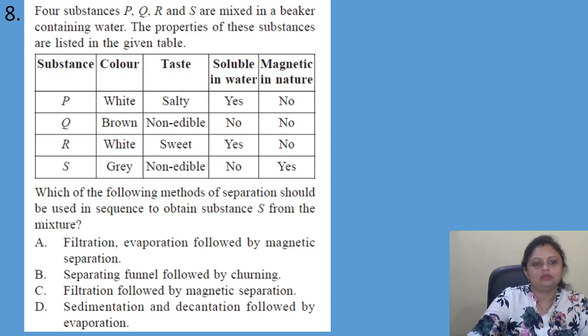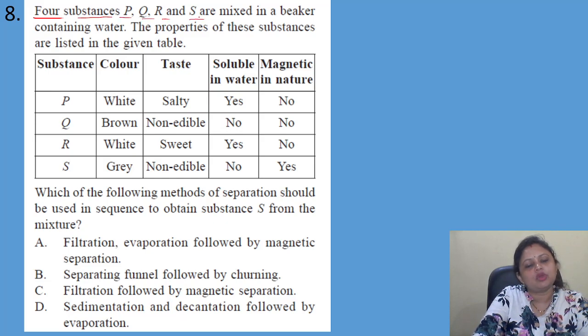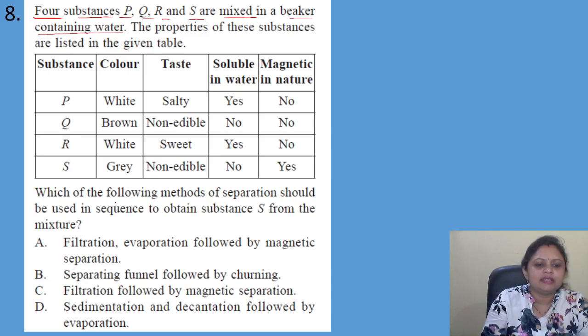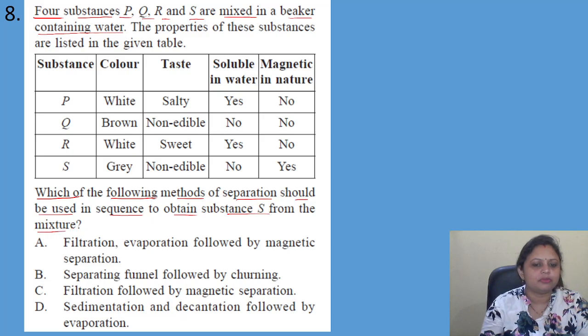So here 4 substances are there, P, Q, R and S, which are mixed in a beaker containing water. We have to find out which of the following methods of separation should be used in sequence to obtain substance S from the mixture.